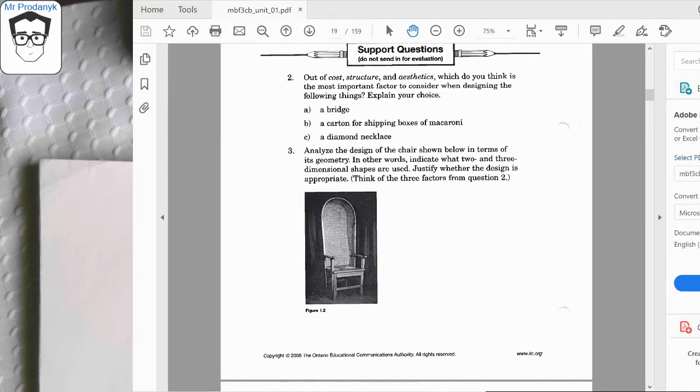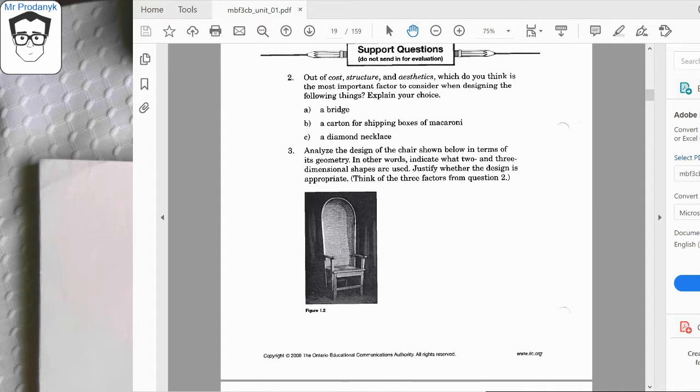I think if you had to put those in order for a bridge, generally with most things that are funded by the public or governments, cost is a big driving factor, but certainly structure, because these types of projects would have to be designed to withstand a certain amount of capacity for the weight that's going to be going across there.